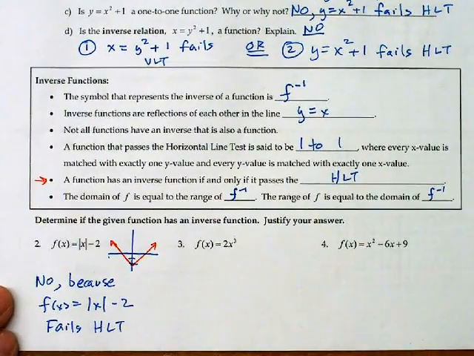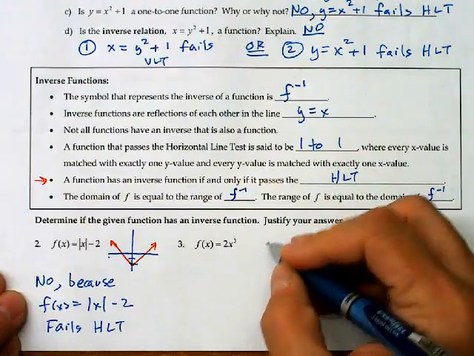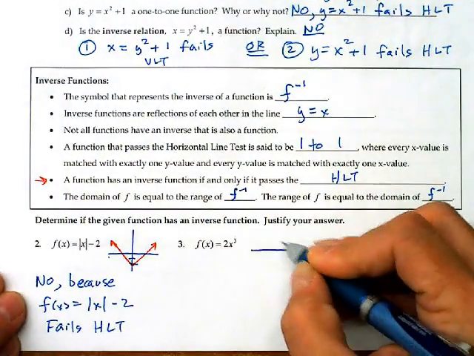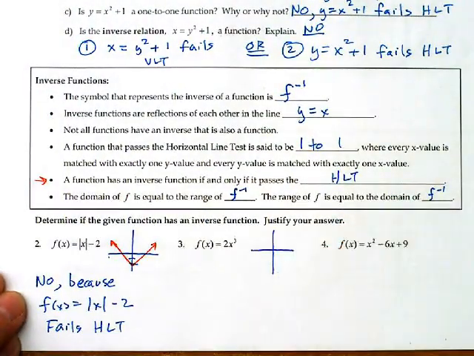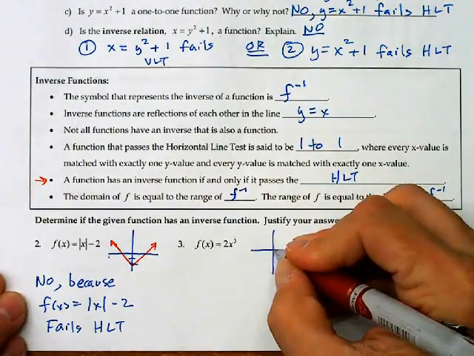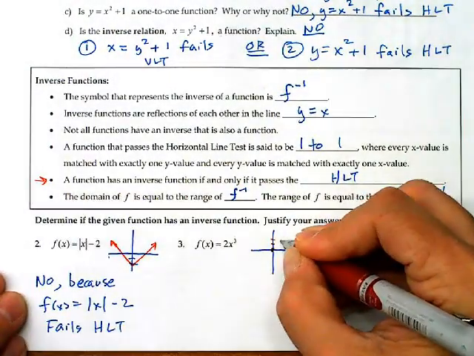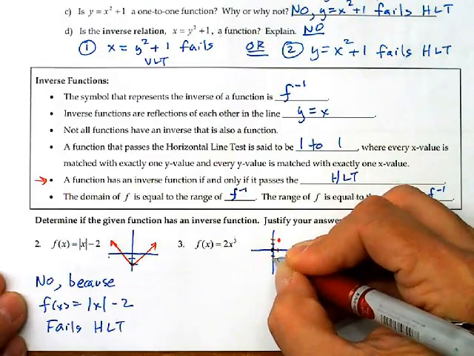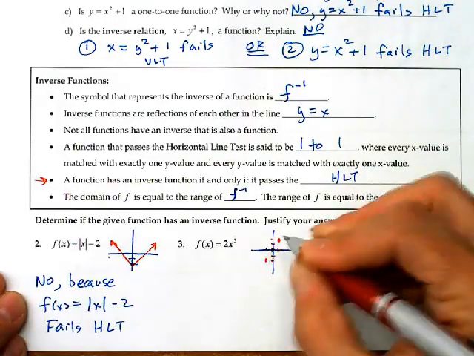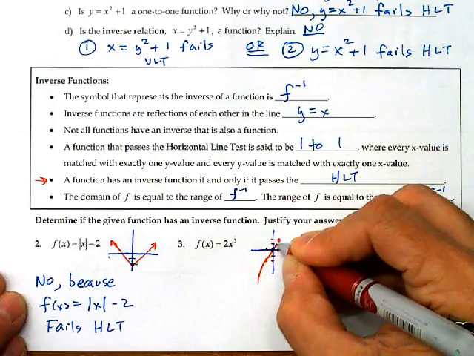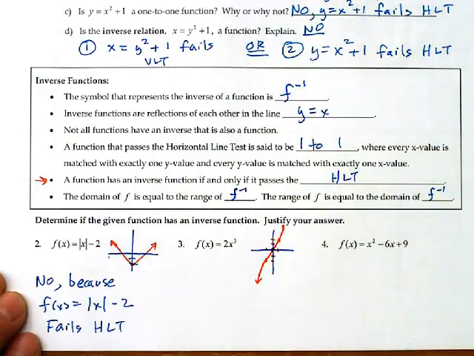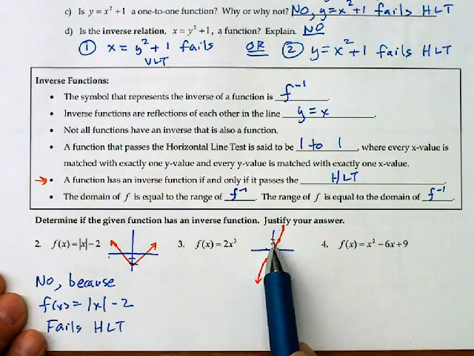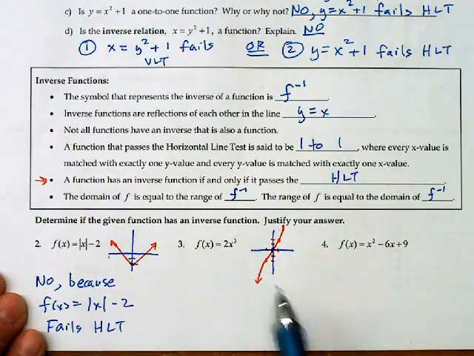If I ponder the function in number 3, we could think of this with transformations again. We know that's going to be the cubic graph with a vertical expansion of 2. So it would look roughly something like that. And as I look at that graph, I notice it is going to pass the horizontal line test.